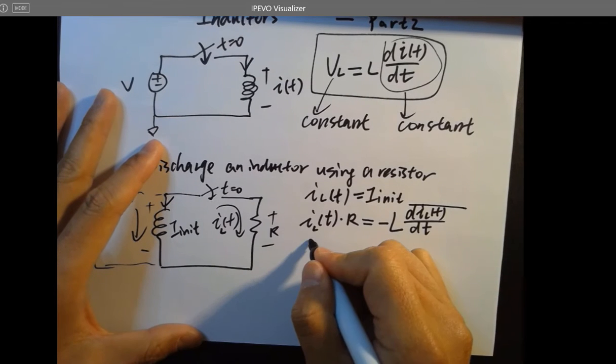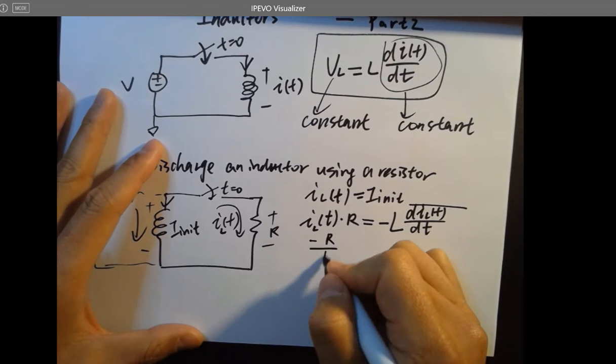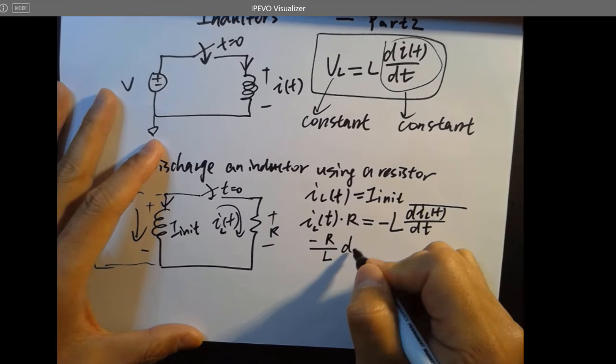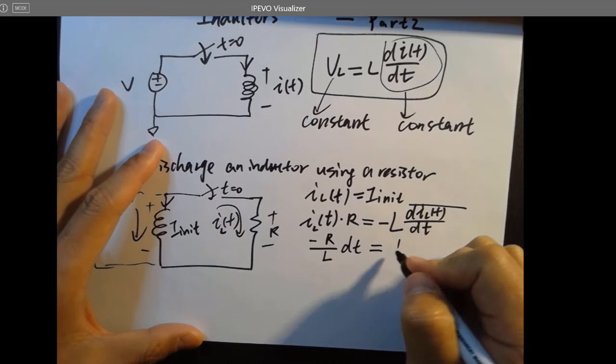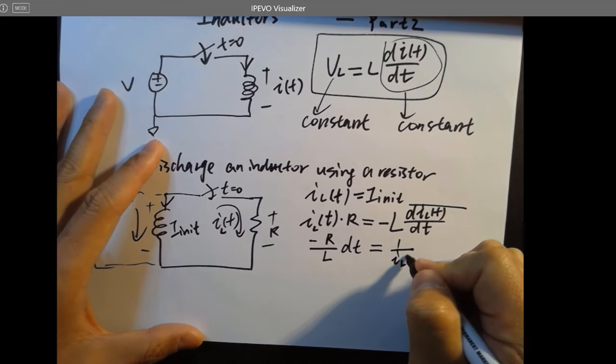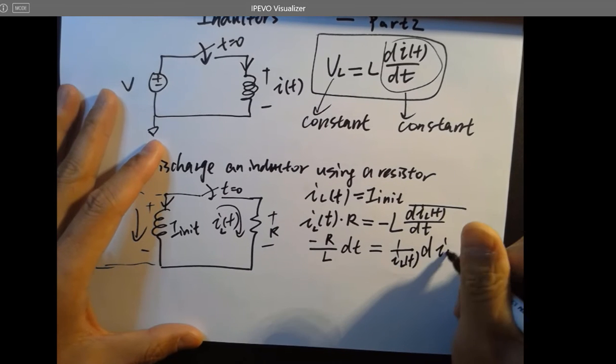So we get minus R over L dt equals 1 over I_L(t) dI_L(t).